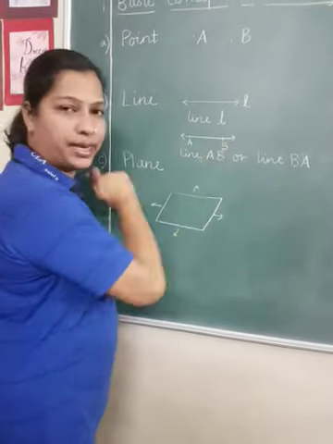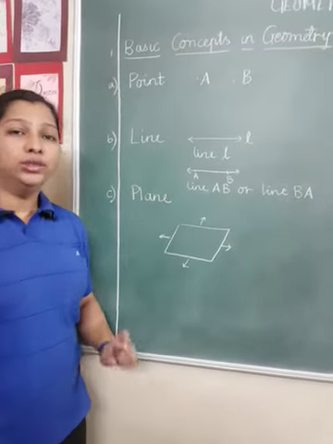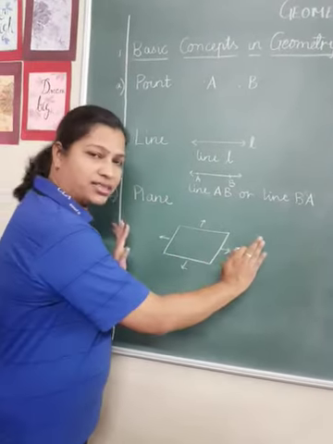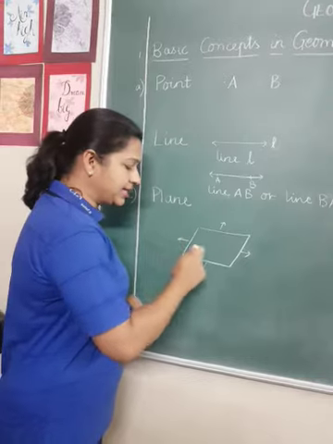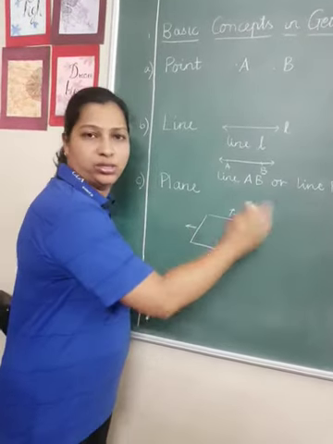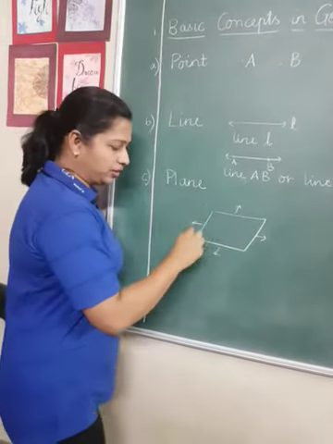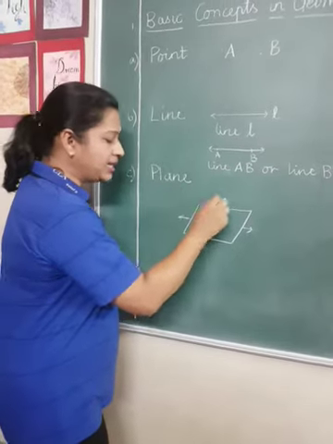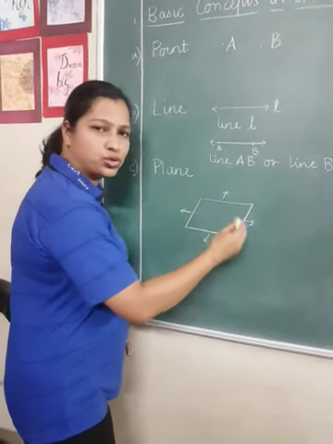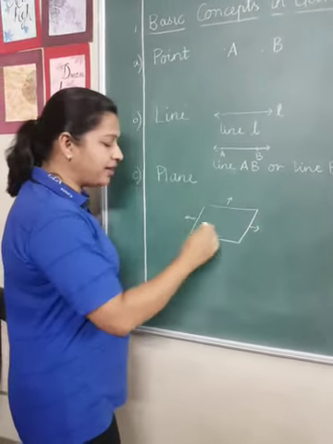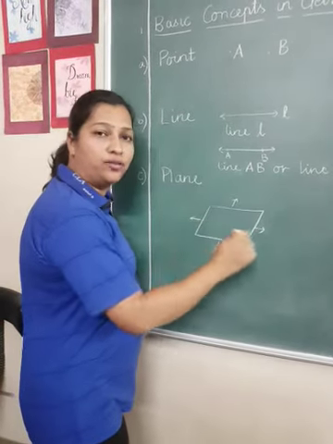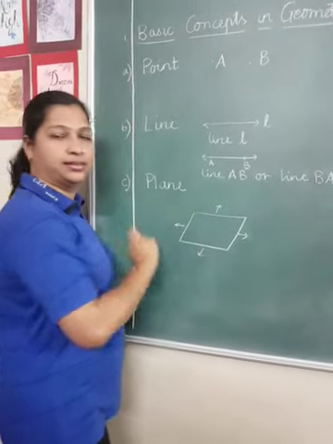Let's move on to the third thing, that is plane. Now what is a plane? It is a two-dimensional flat surface which extends indefinitely on all sides. So here I have drawn this plane and these arrows here which show that it extends indefinitely on all four sides.